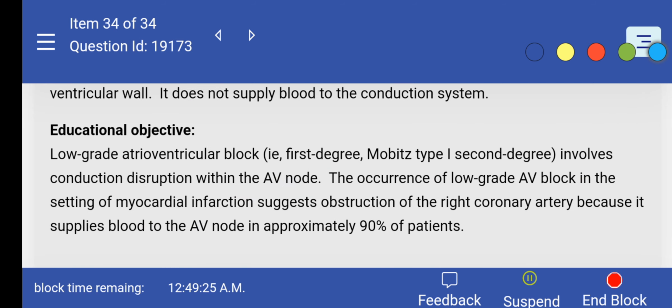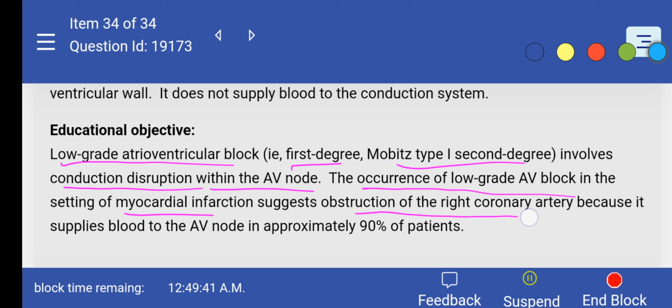Okay. So low grade AV block, like first degree and Mobitz type 1 second degree, involves conduction disruption within the AV node. The occurrence of low grade AV block in the setting of myocardial infarction suggests obstruction of the right coronary artery because it supplies blood to the AV node in approximately 90% of patients.